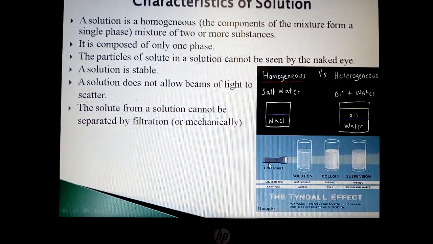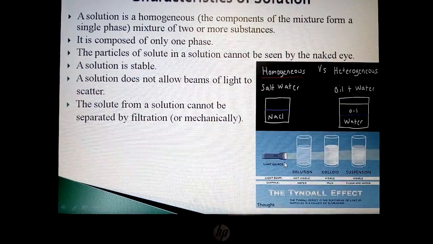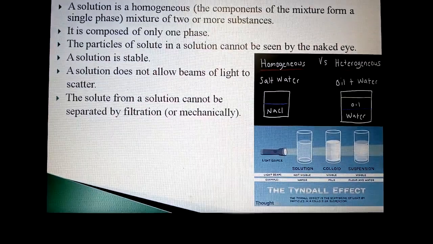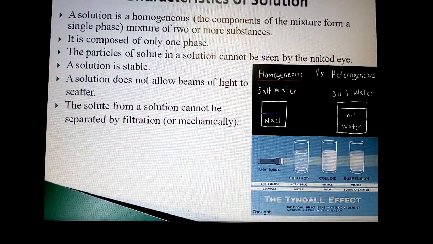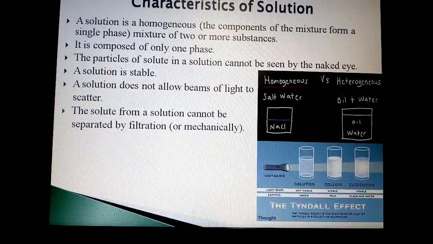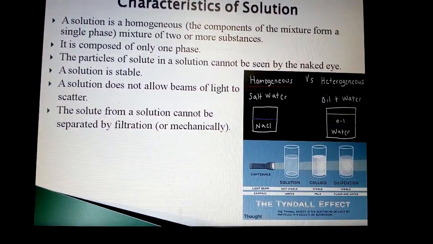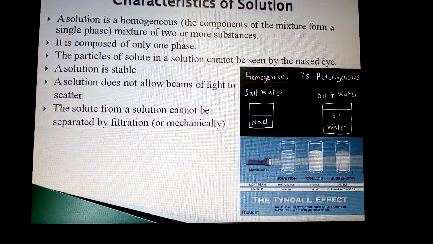It means if we pass light through a solution, there is no dispersion or scattering of light observed, while in colloids and suspensions you can observe scattering of light.